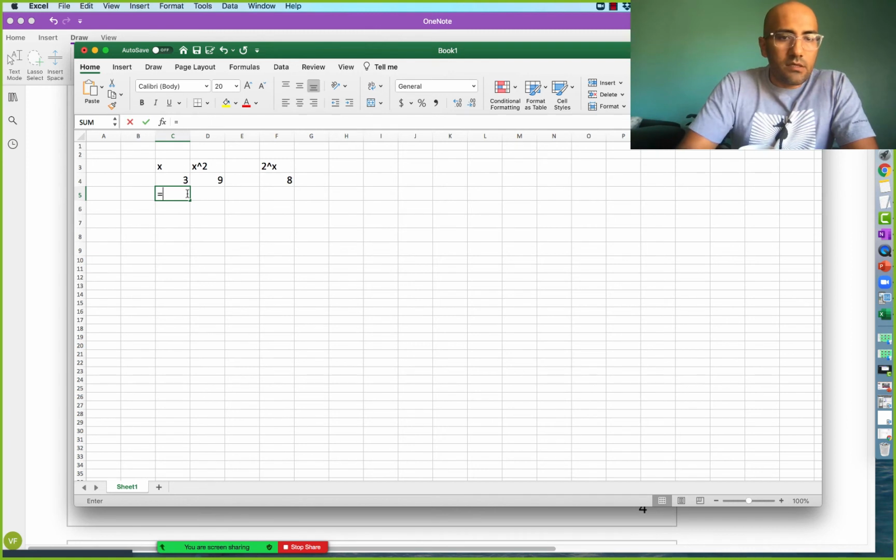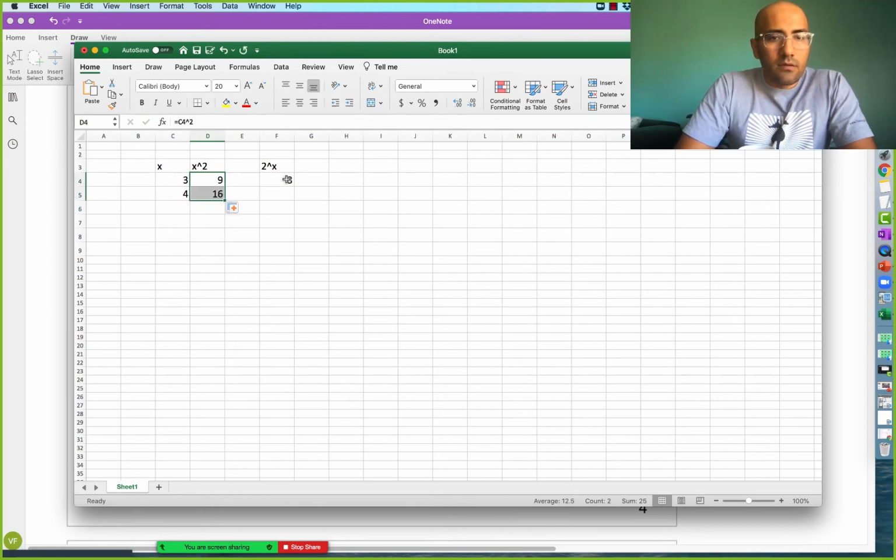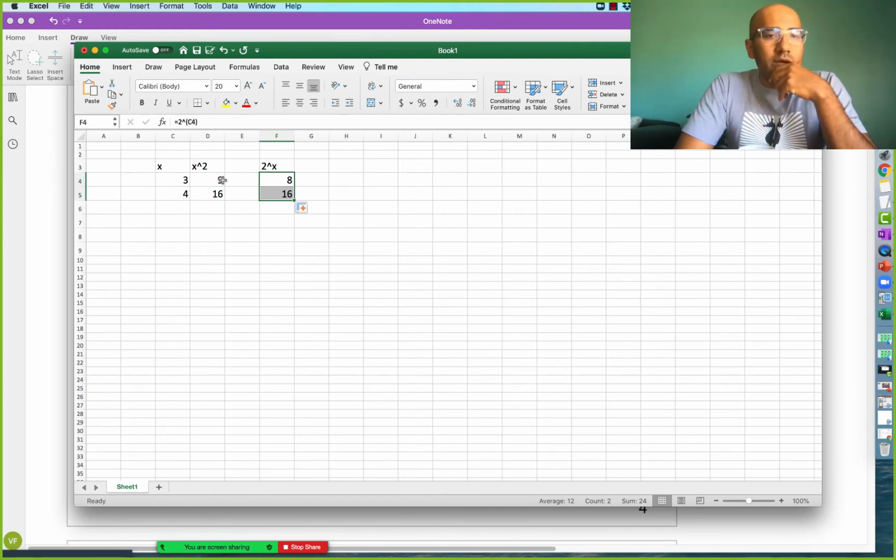Let's make this equal to this one plus 1. Okay, so 3 squared is 9, 4 squared is 16, and now 2 to the power of 3 is 8, and 2 to the power of 4 is 16, so that's how that goes so far.